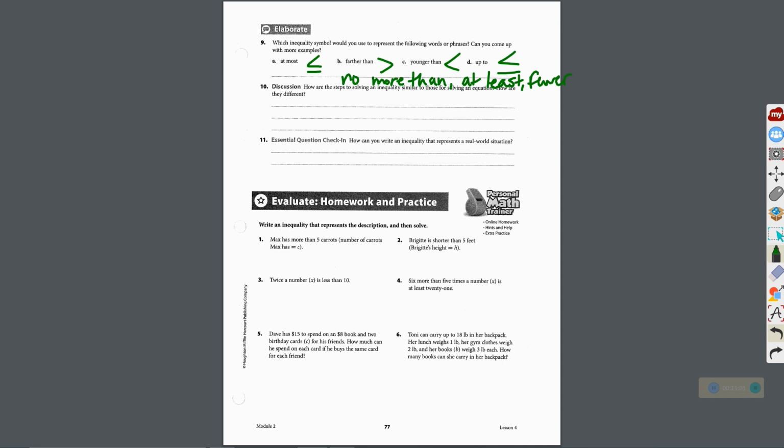In 10, it says, how are the steps to solving an inequality similar to those for solving an equation, and how are they different? The algebra is all the same. The only difference is when you switch the symbol from multiplying or dividing by a negative.